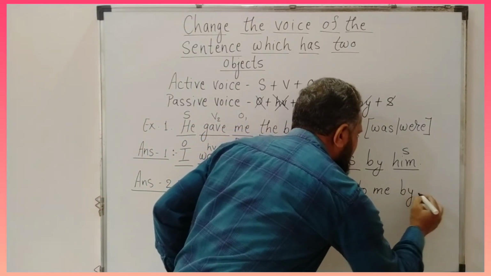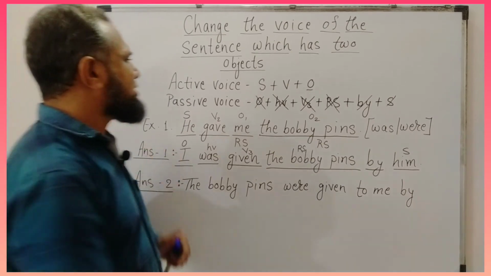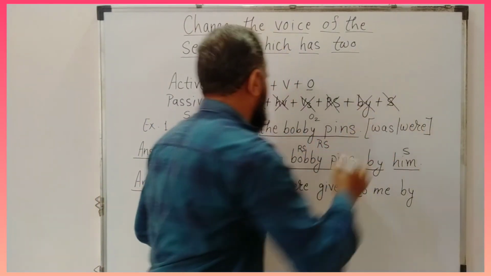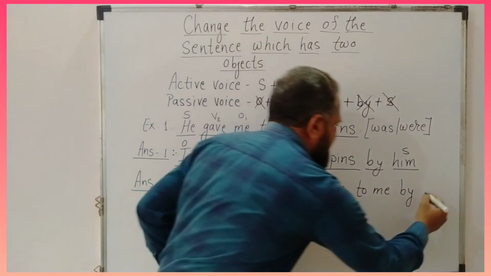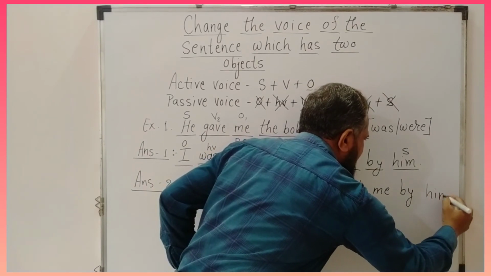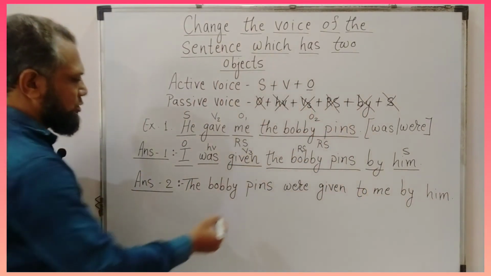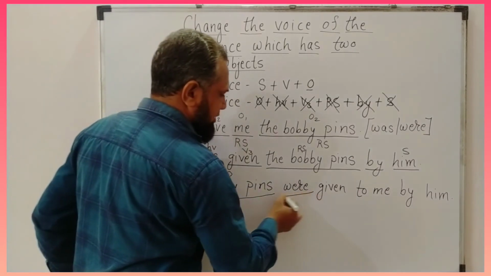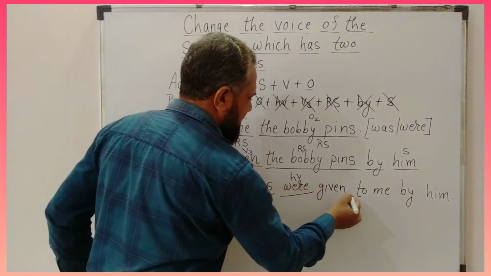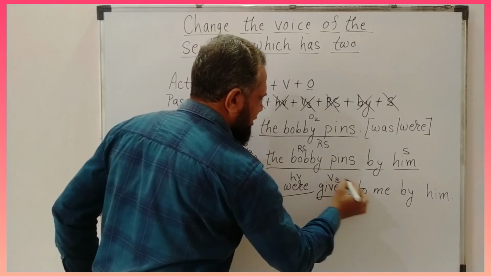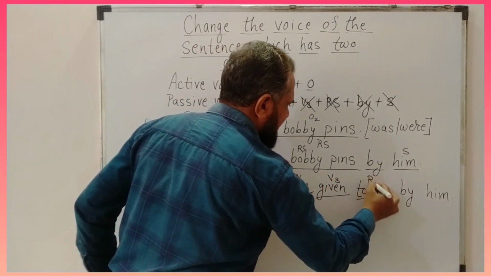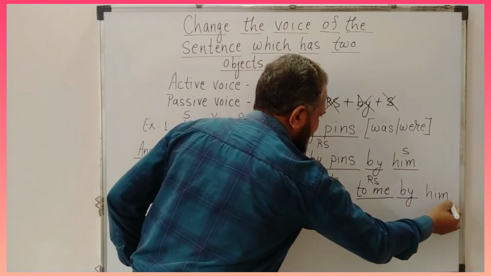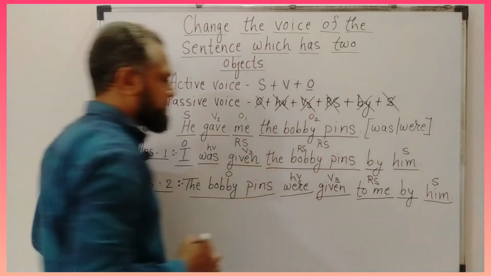Thereafter, by, and in the last we will use the subject, and the subject is he, which will become him. Now this is our object, this is our helping verb, this is the third form of verb, this is the remaining sentence, this is by, and this is the subject.